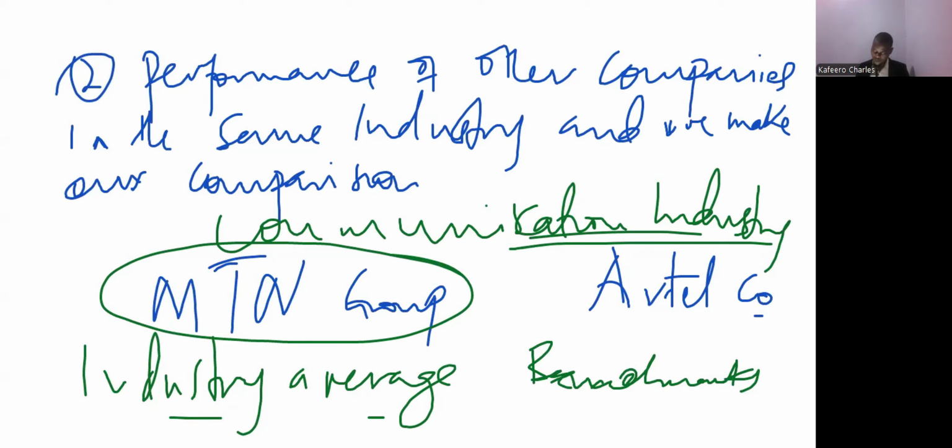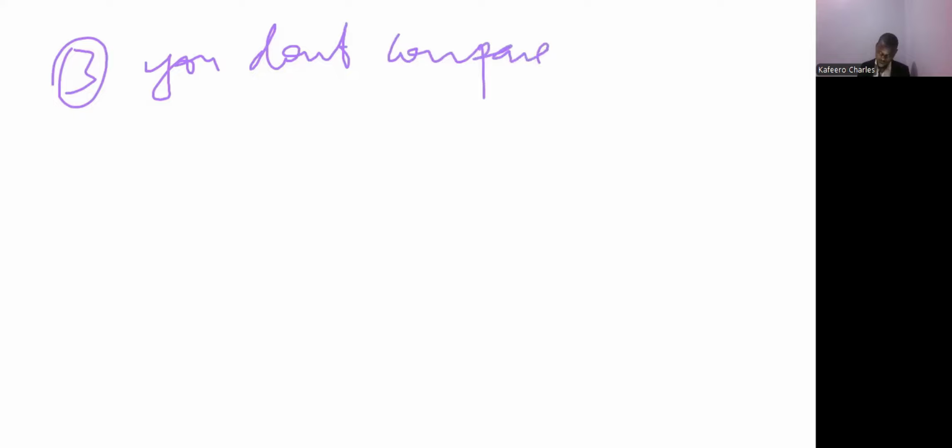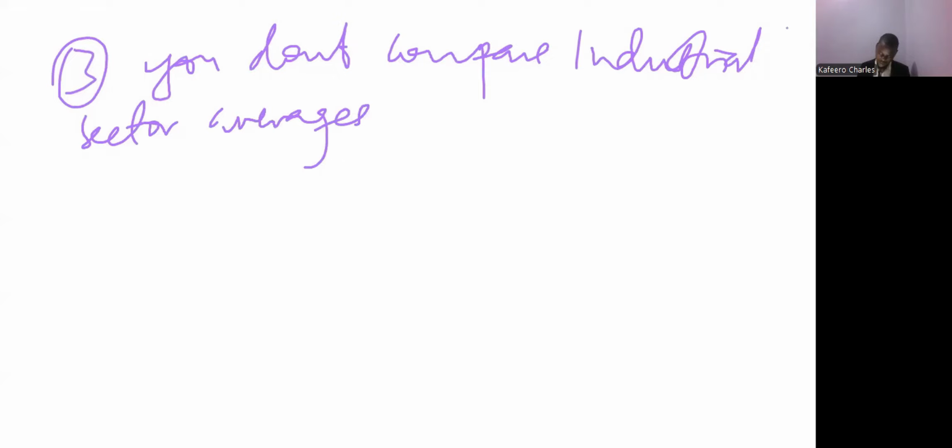So the third way that we can analyze ratios is that we are not comparing against industrial or sector averages.